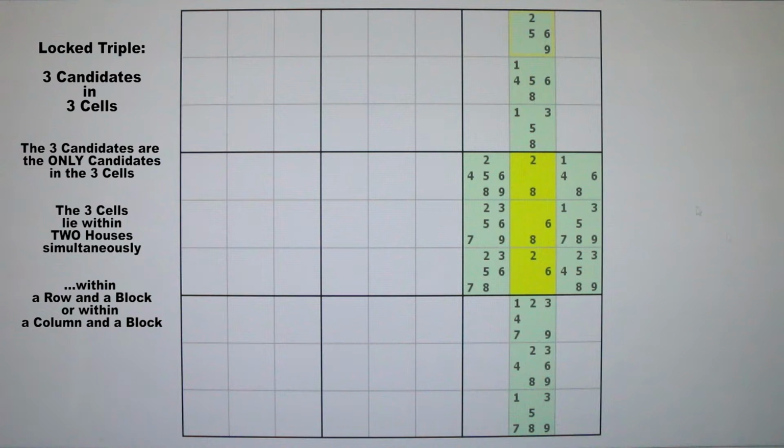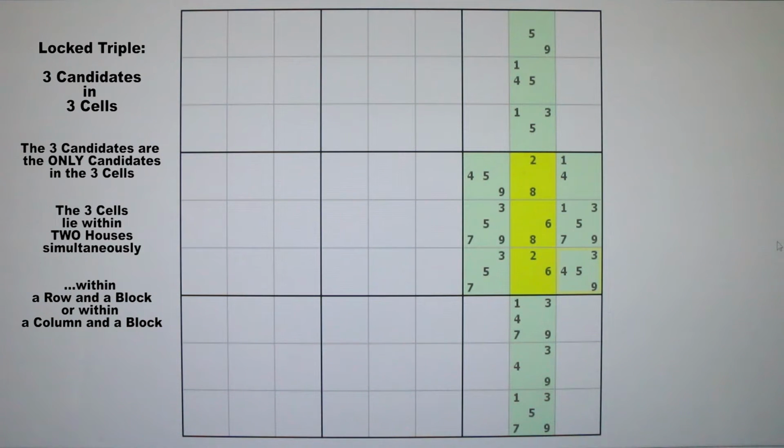From column 8, we can eliminate the 2, the 6, and the 8s. And then from block 6, we can eliminate the 2s, 6s, and 8s. And there you have it. That's what a locked triple looks like.